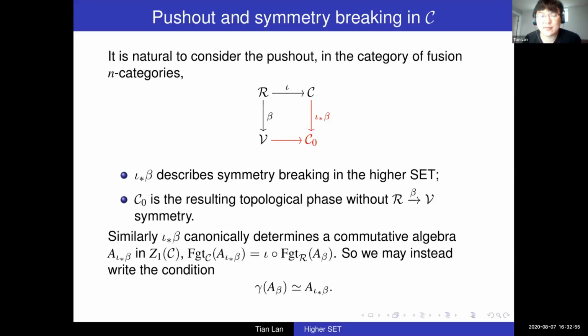And also we can describe this thing in terms of algebras.